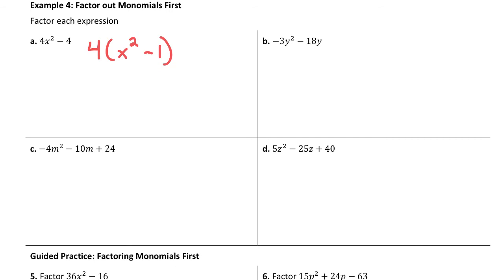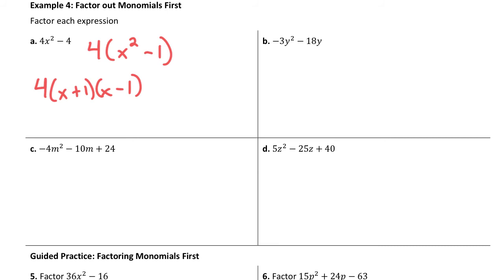My factoring is not done yet. I still have to factor x squared minus 1. If we think about our patterns, first and last term are perfect squares. I'd have x plus 1 and x minus 1, because x squared is a perfect square, 1 is a perfect square.